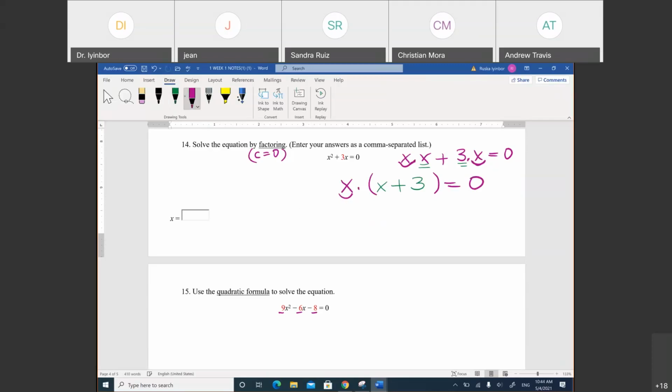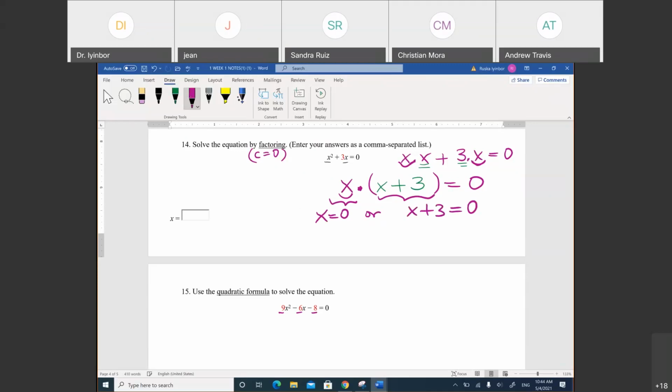So inside the parentheses, x plus 3, equals 0. See, if I multiply x times x, it's x squared, right? x times 3 is 3x. Got it? So it's the opposite of distributing. It's factoring out, pulling out one x. Make sense? Then when you factor it, you're going to solve x equals 0 and x plus 3 equals 0, because a product equals 0 when one of the factors is 0.